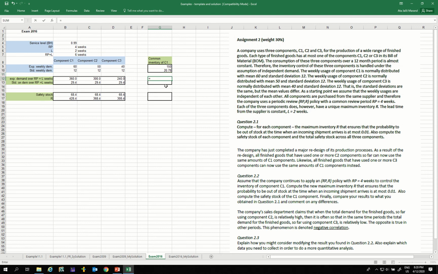Let's do similar calculations to find the average demand over Rp plus L. So it is Rp plus L multiplied by the average weekly demand, and then we have the square root of Rp plus L multiplied by the standard deviation of weekly demand.